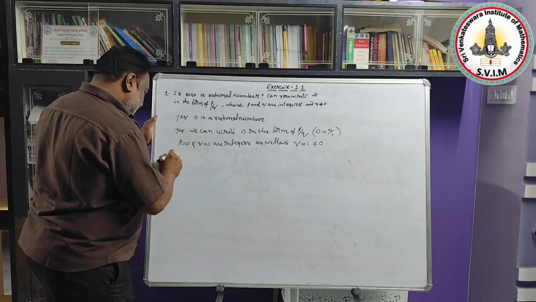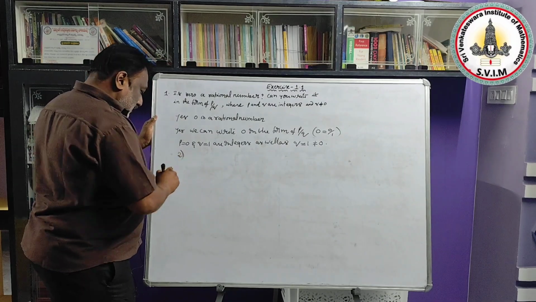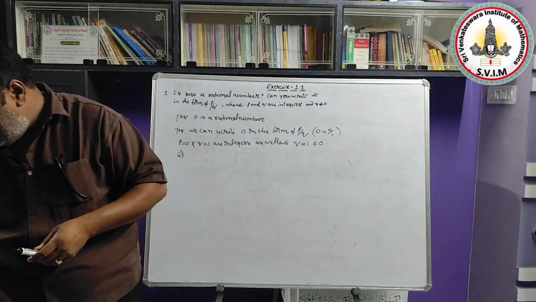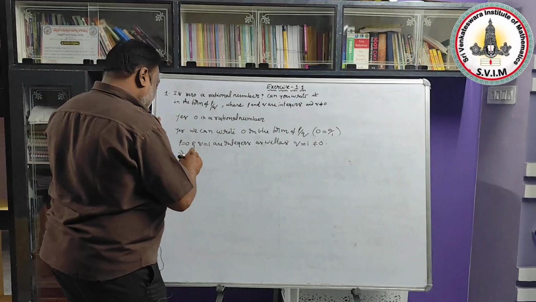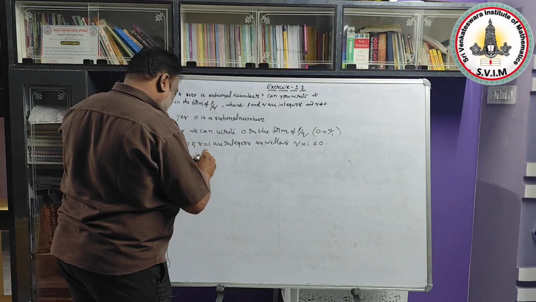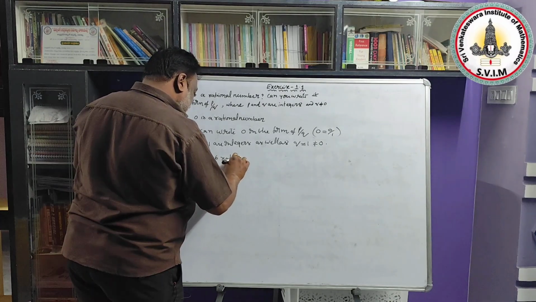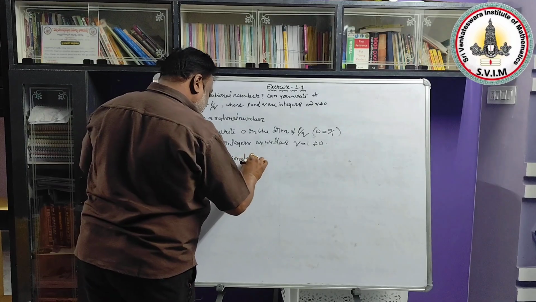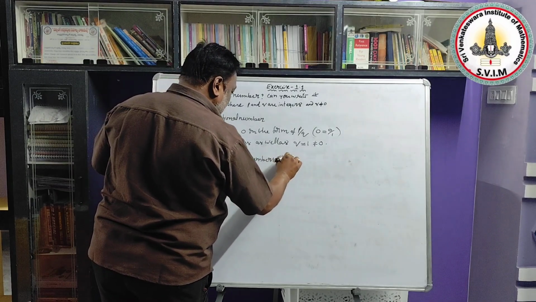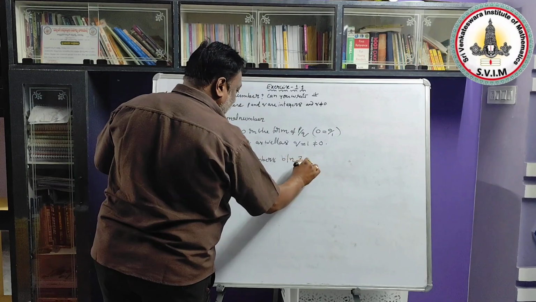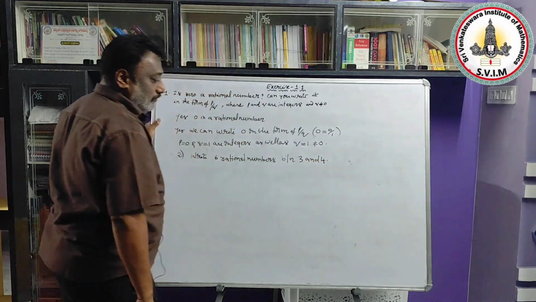So the second question is: write 6 rational numbers between 3 and 4. That's all.